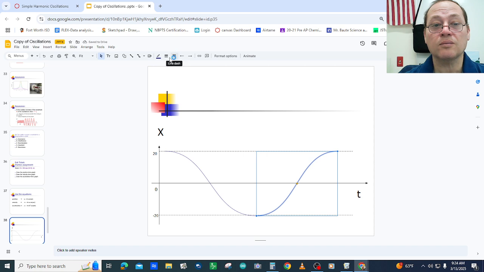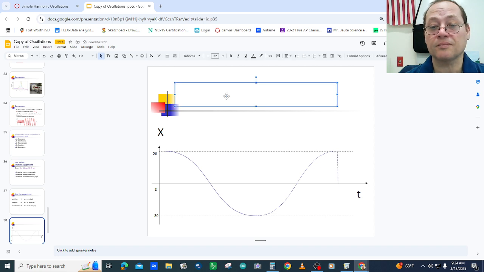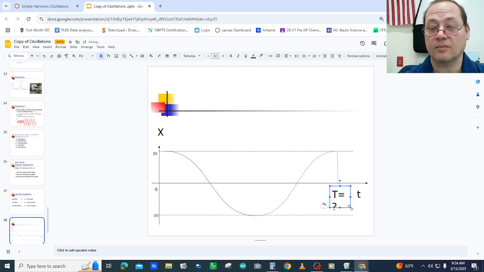There you go. And now we can have this line. This is going to be the period. So the amplitude is already there. How much is the period?